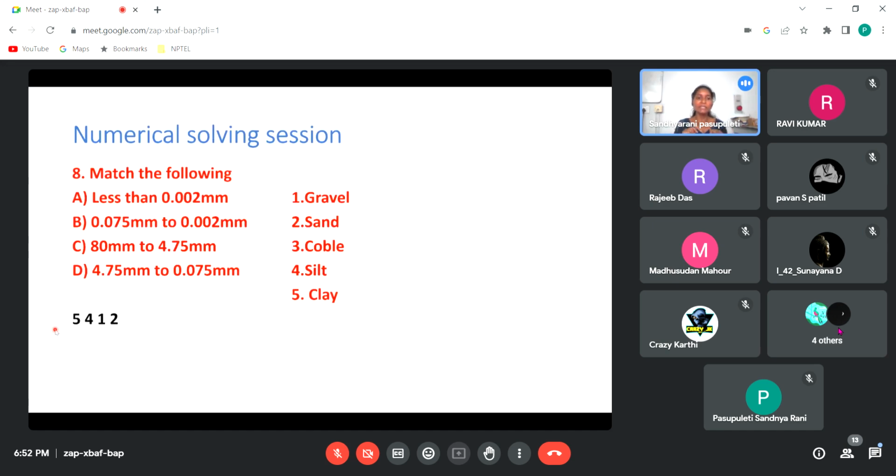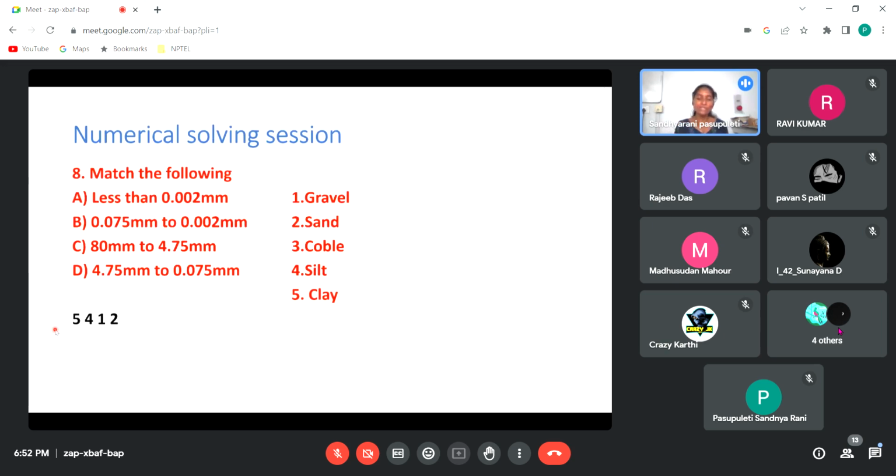Any material that is retained on 75 micron or 0.075 mm is sand. Any material that is passing the 75 micron is silt. Please note down or remember: the 4.75 sieve is called the gravel sieve, the 0.075 sieve is called the sand sieve. Anything that is passing through 0.075 is called silt, and anything below 0.002 is called clay.